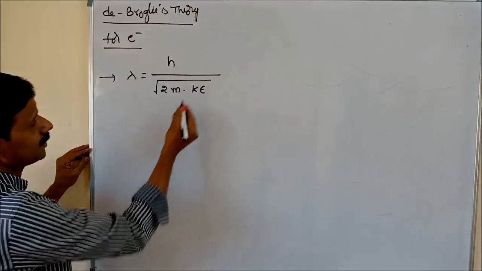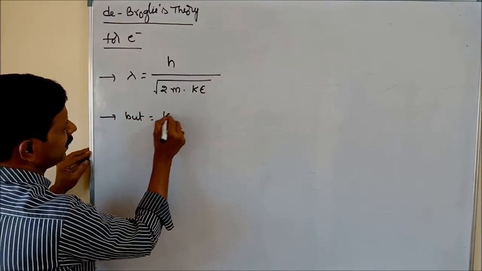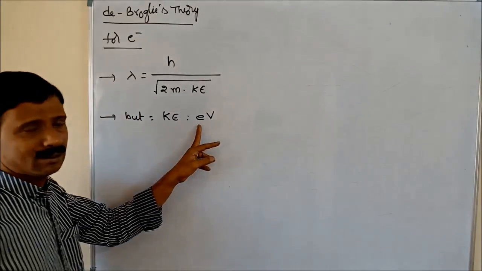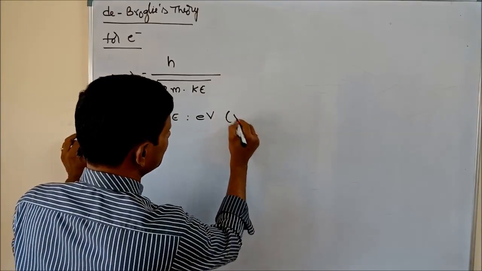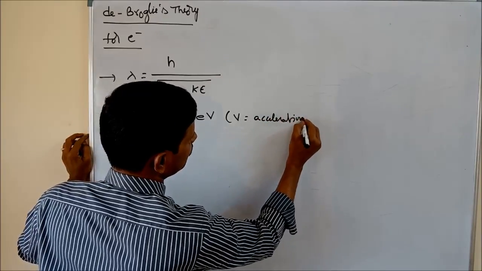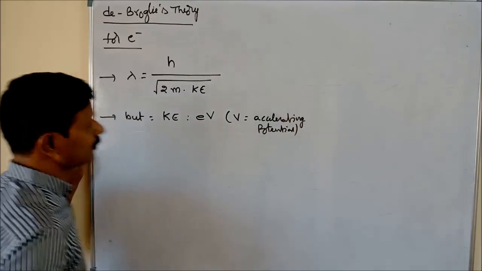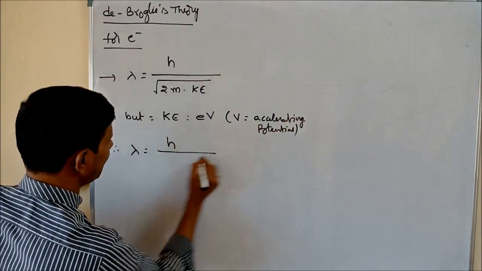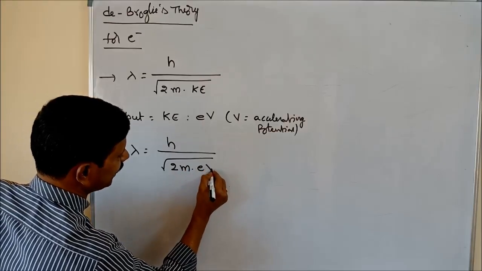But here, since kinetic energy equals e into V, that is electronic charge into V, where V is the accelerating potential, lambda equals h by square root of 2m into eV.